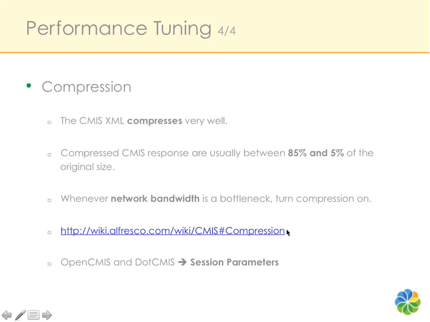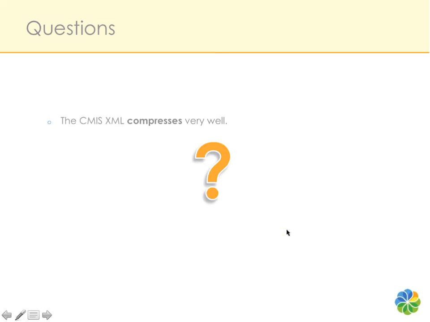We have a wiki page on how you can enable compression on the Alfresco server, but you also have to enable it on the client side. For OpenCMIS and dotCMIS, you can do this with a session parameter. Just turn compression on. Okay, just 4 random performance-related tips.